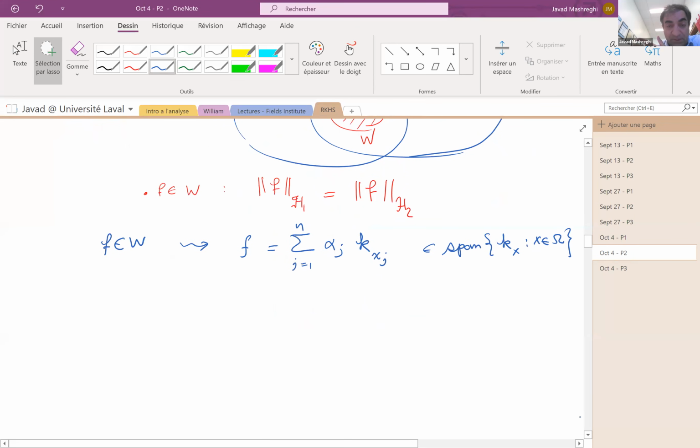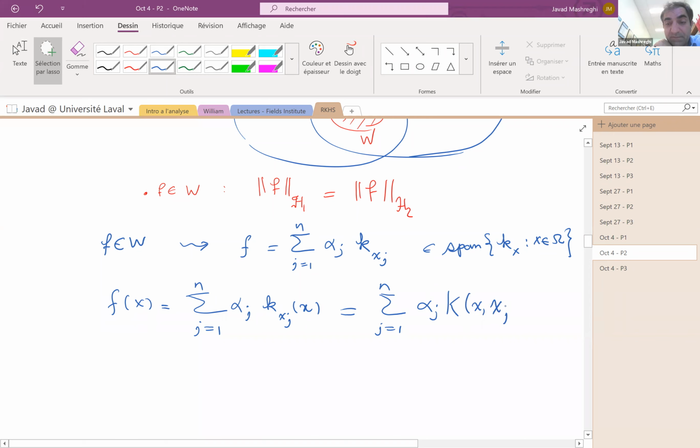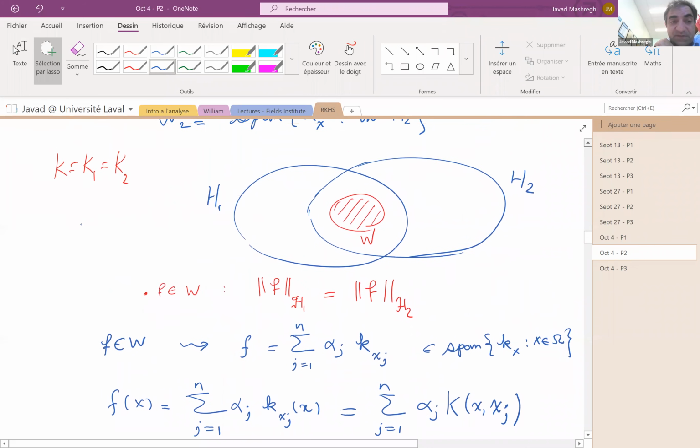Up to now, there is no indication that f should be in H1 or H2. But when you evaluate f at point x, it becomes the sum of alpha j, K x j at point x. Based on the definition of K, it's the sum from j equals 1 to n of alpha j, capital K, x and xj. Now go back to what we had before.